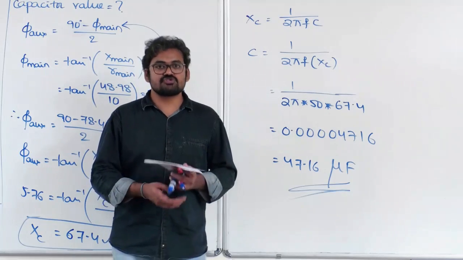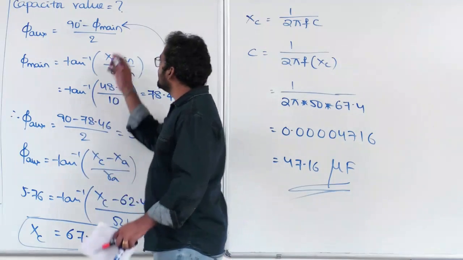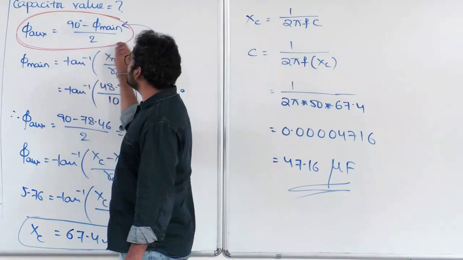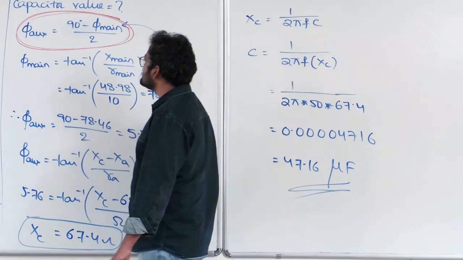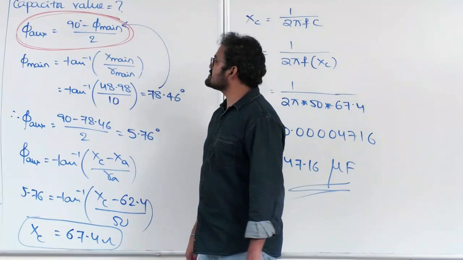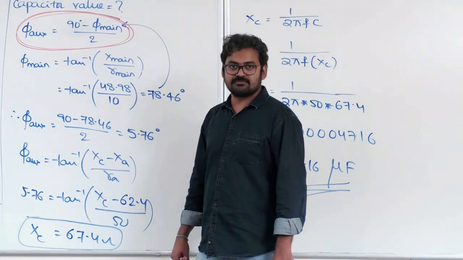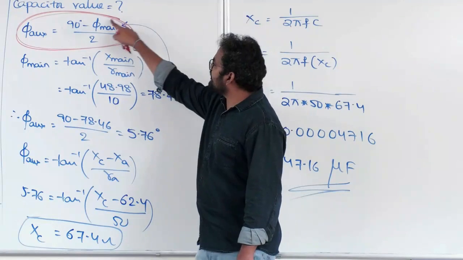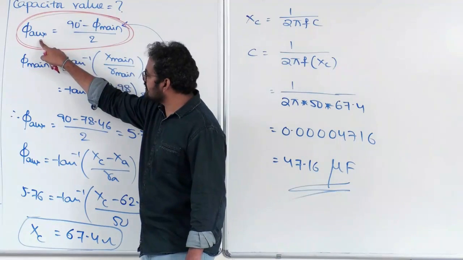Everybody should remember this formula. The condition to create maximum torque at the time of starting is phi auxiliary is equal to 90 minus phi main by 2. First calculate phi main. Then substitute that phi main here, you will get phi auxiliary.